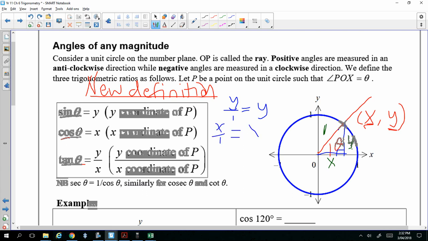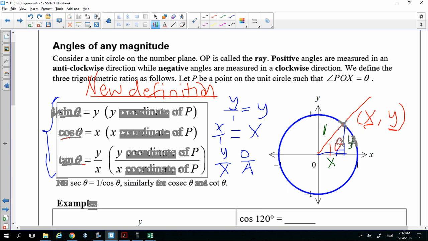Now, why is this new definition more useful than the previous one? Because it can go beyond 90 degrees. So if I draw a different ray, say here, and measure the angle, I could work out the x and y values.